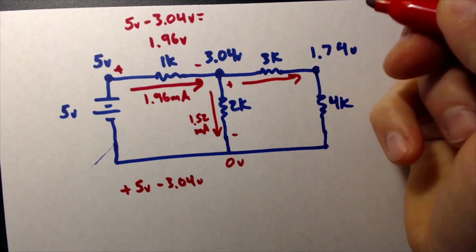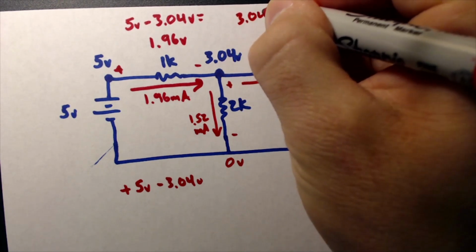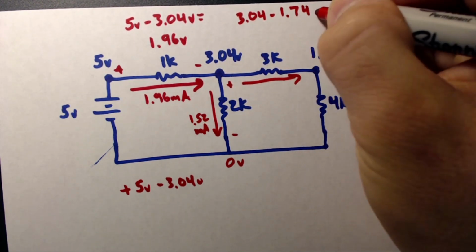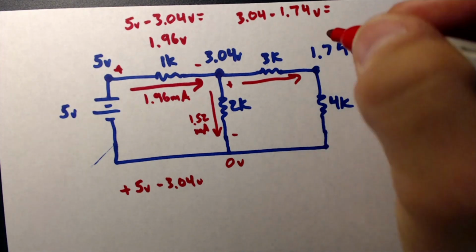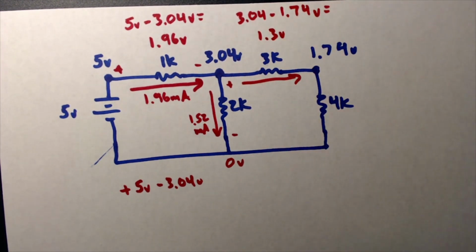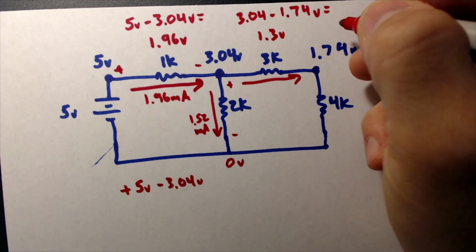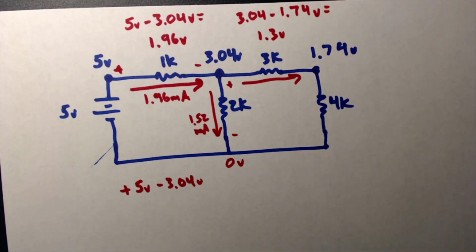The voltage drop across the 3K must be 3.04 minus 1.74 equals 1.3 volts. 1.3 volts divided by 3K, just using Ohm's law, gives us 4.3 milliamps.